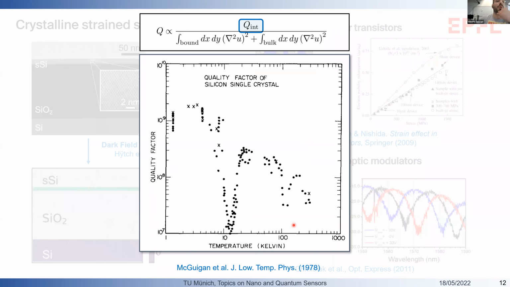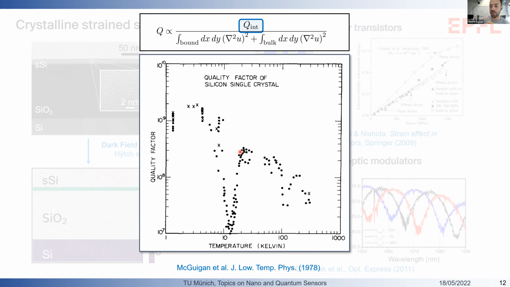But for our purposes, we were mostly interested in the potentially very high intrinsic quality factor demonstrated by single crystal materials. For example, here we can see a plot of the measured quality factor versus temperature at liquid helium temperatures for a macroscopic single crystalline silicon oscillator already in the 70s.